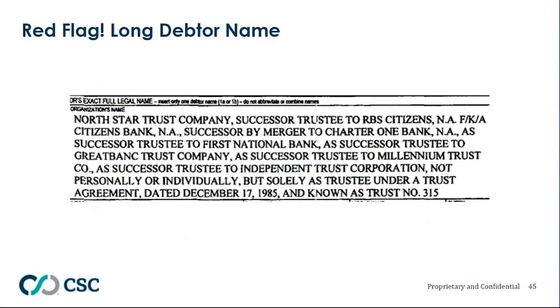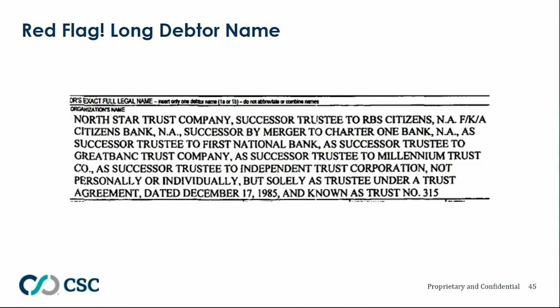And bear in mind that if the debtor name doesn't easily fit within the space provided on a single line of the financing statement, there is a very good chance it is not correct. I have yet to see a properly provided debtor name that didn't easily fit. Here they've provided the name of the trustee and a long history of the names.